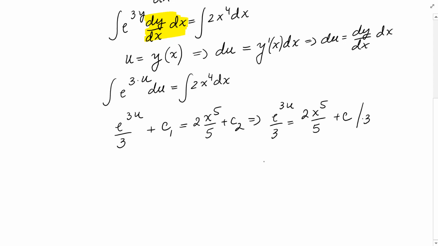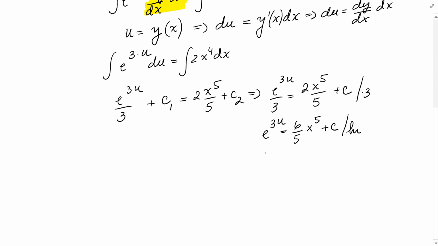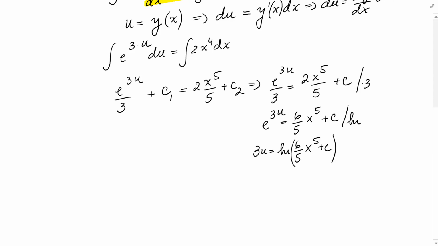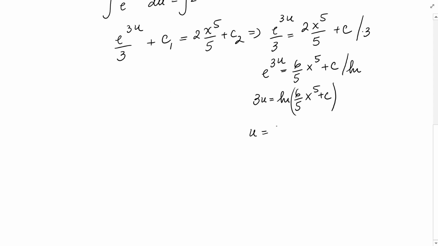Then we are going to multiply by 3, so we get e to 3u equals 6 over 5 x to the 5th, and then plus 3 times c, so 3 times a constant is again a constant. I can apply ln to both sides, and we get 3u equals ln of 6 over 5 x to the 5th plus c. And so u equals 1 over 3 ln of, well, I can assume my quantity is positive, so 6 over 5 x to the 5th plus c.